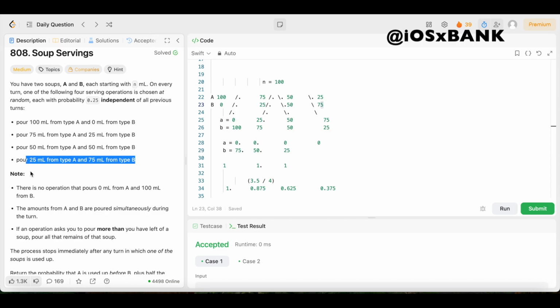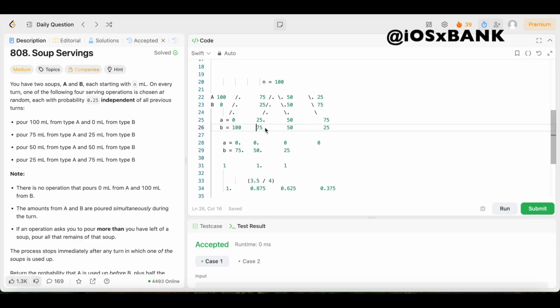When we perform this operation, we take 25 from A, and A only has 25, so now A is 0. Then we come over here and take 75 from B, and B is already 75, so B will be 0 as well. So once again, if they both empty out, 0, 0, then that's a 0.5 or 50% chance.